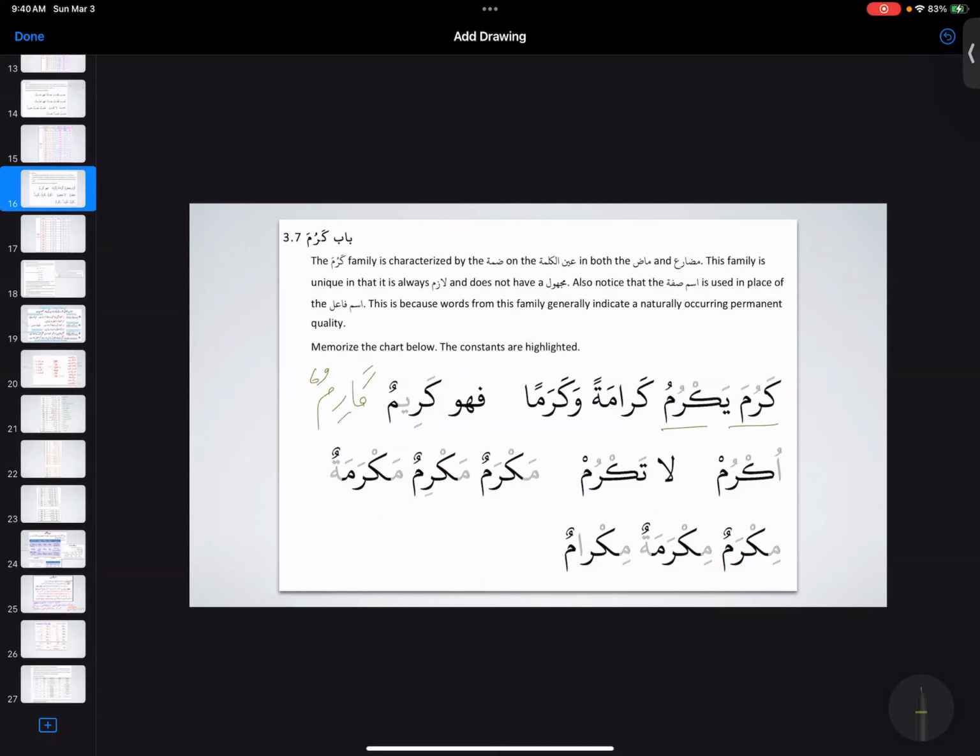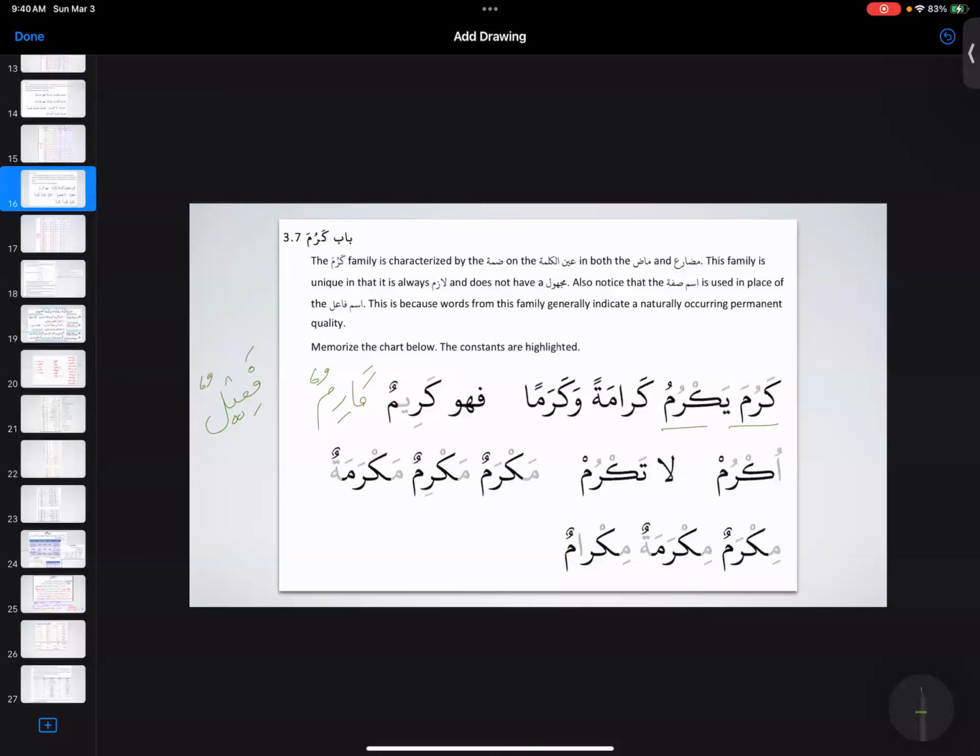No. The ism fa'il from this family is basically always going to be on the fa'ilun pattern, which is basically ism sifa. We say karimun, right? It is always going to be karimun.